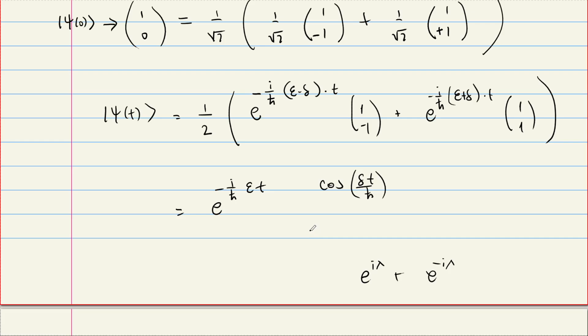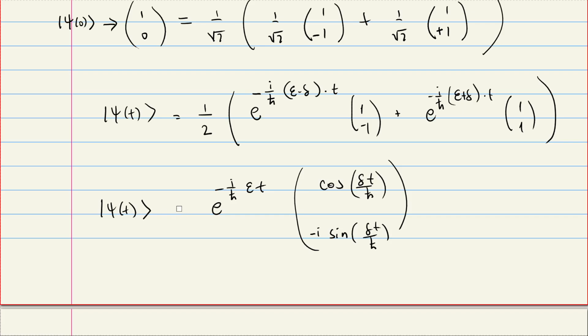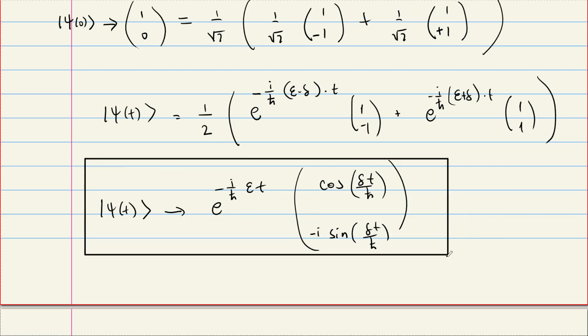And the second one is the same thing with the minus. It's going to be minus I sine delta t over h bar. And this is psi of t. Good. Any questions?